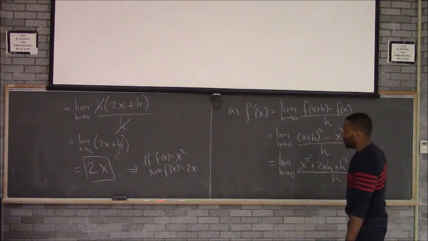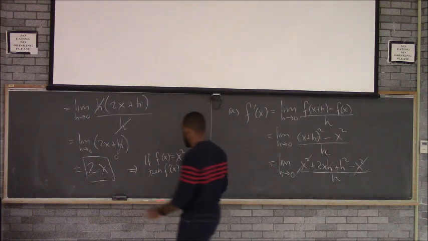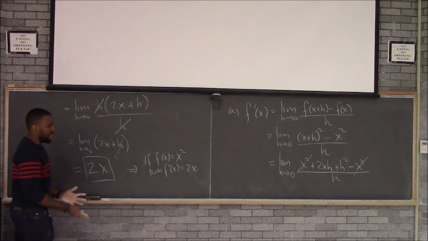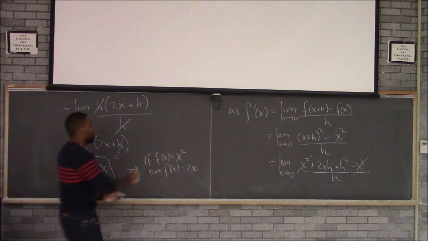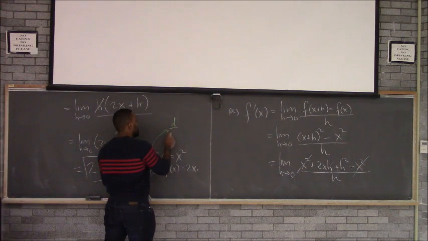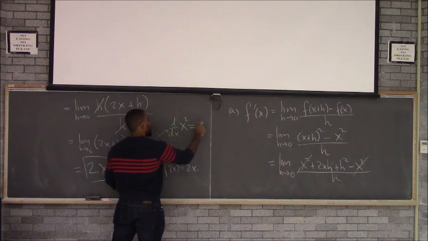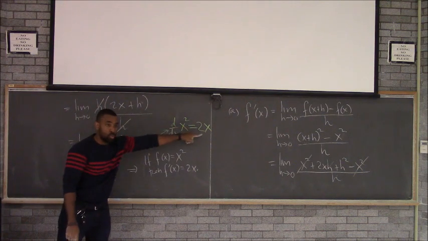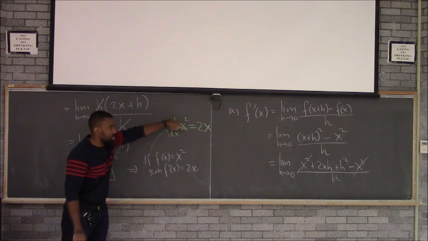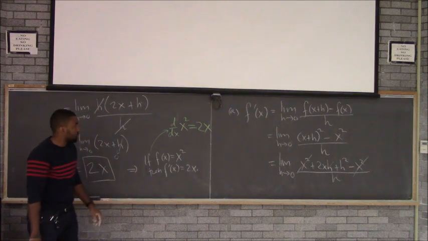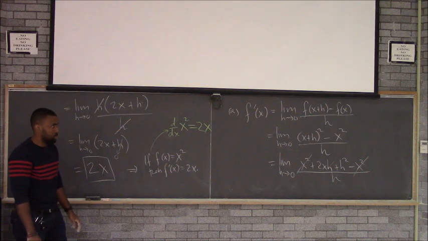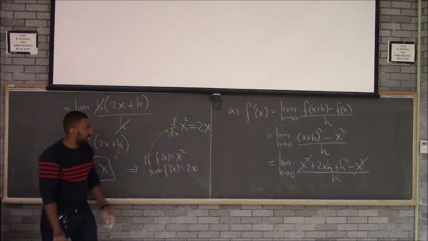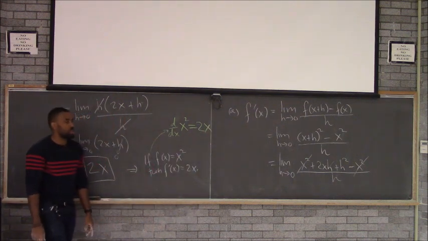I want to show you a very nice way to write this down, which I'm going to be using for a lot of the derivative rules. One way this can be said in one nice short equation using the Leibniz notation is d/dx of x squared is 2x. So the derivative of y with respect to x is 2x, where this is the f of x, this is the y. So if f of x equals x squared, then f prime equals 2x, I can say that in one equation: d/dx of x squared equals 2x.